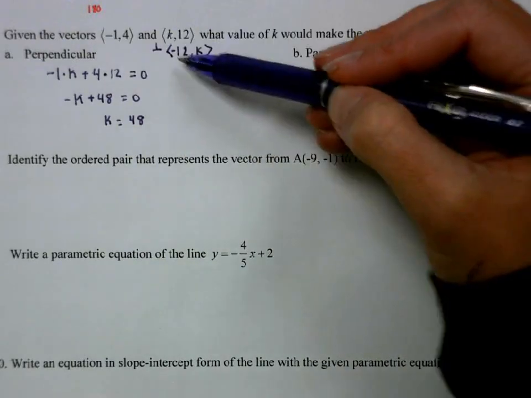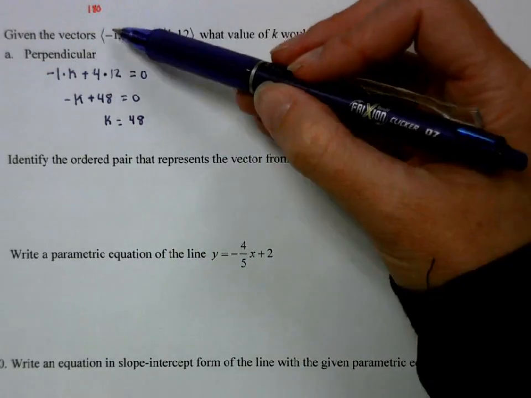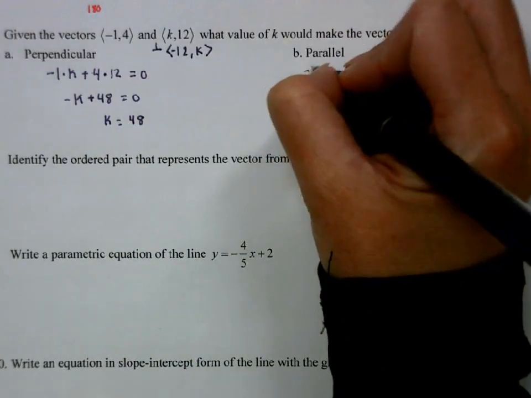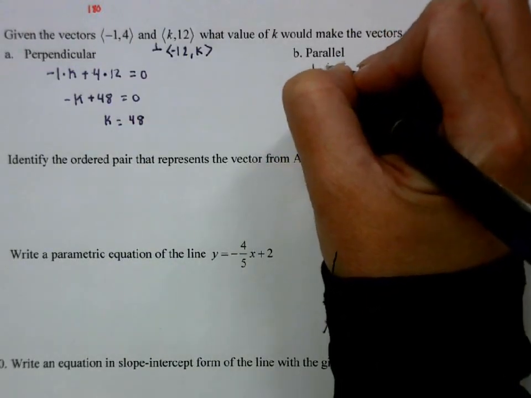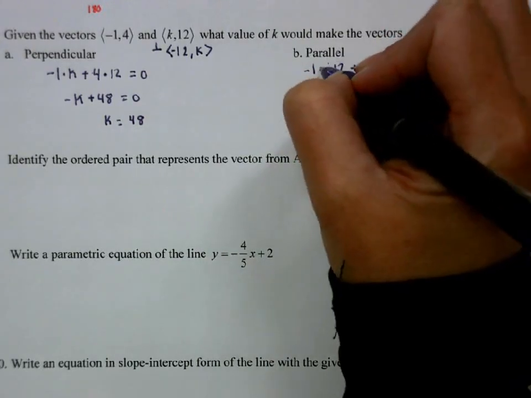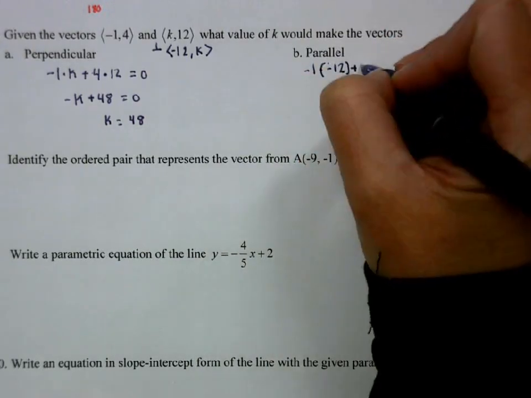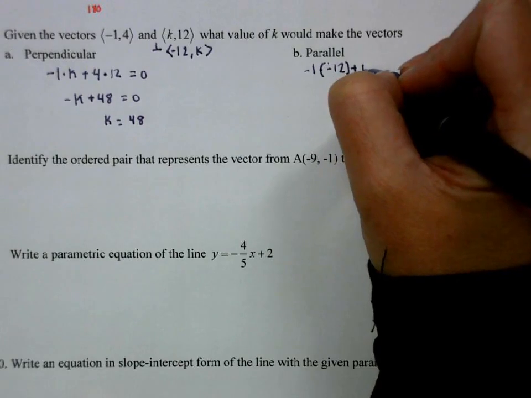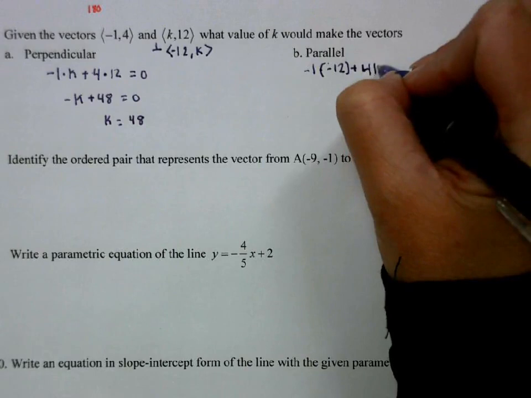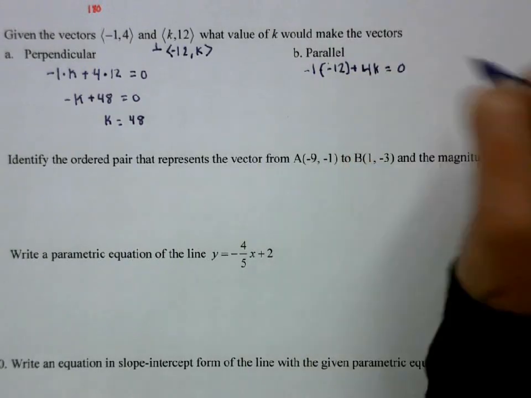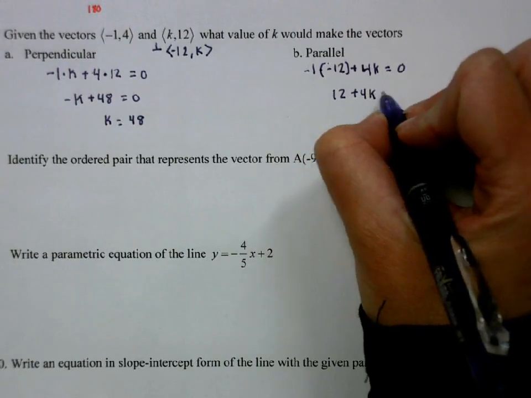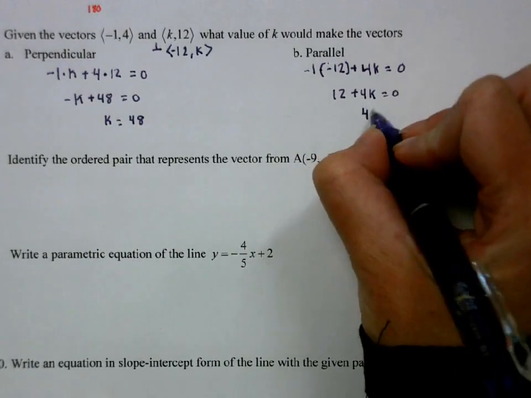So -1 times -12 plus 4 times k. Set that equal to 0. So 12 plus 4k equals 0. 4k equals -12, which means k equals -3.